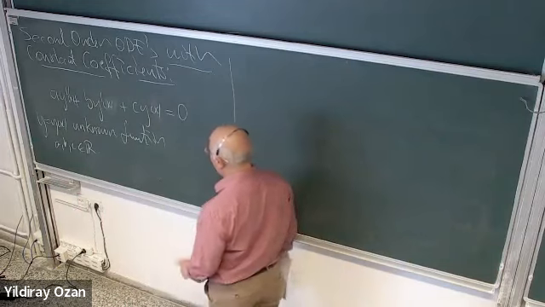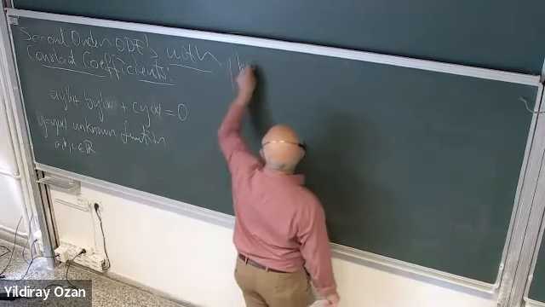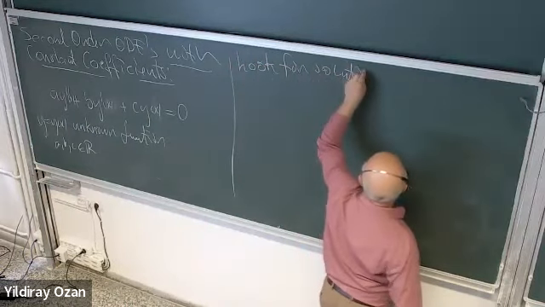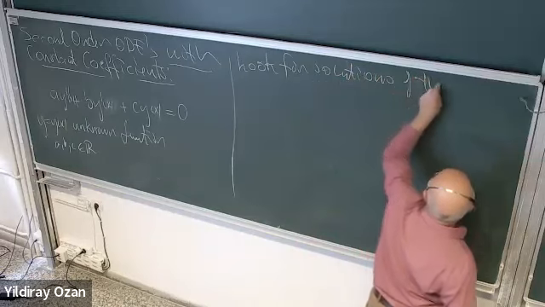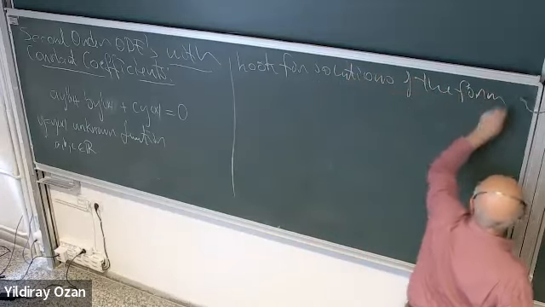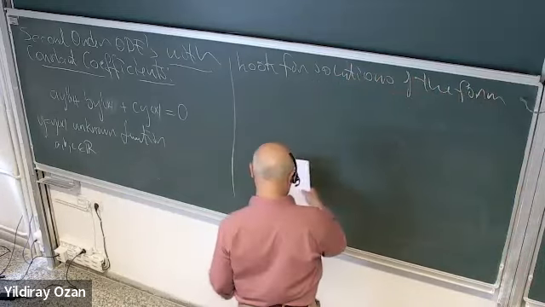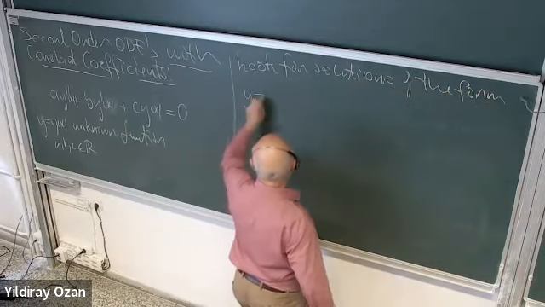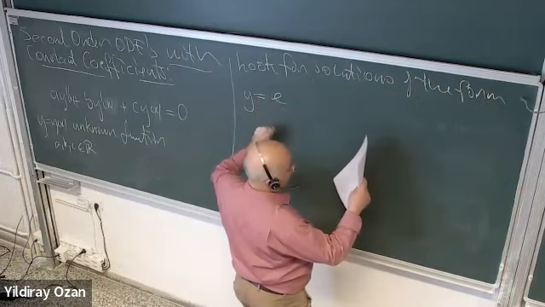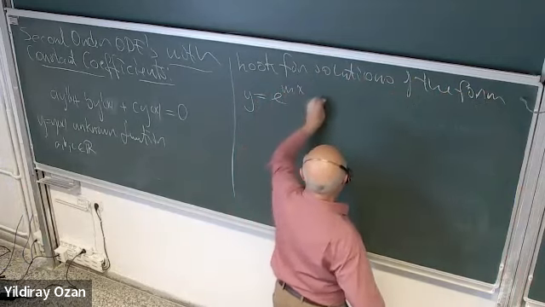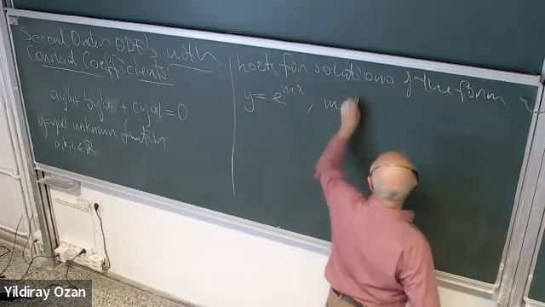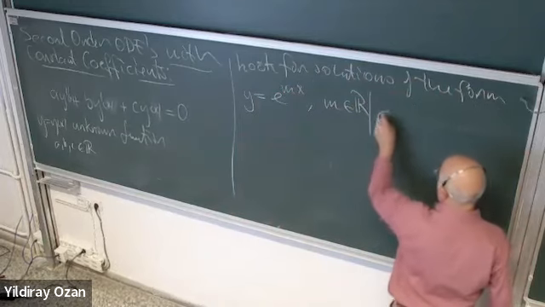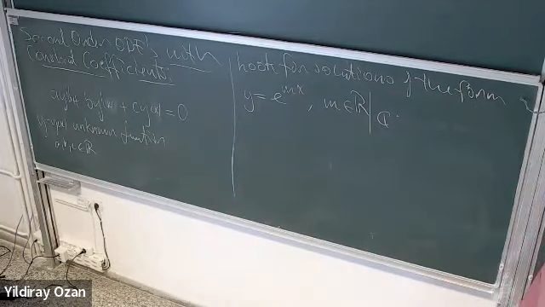Well, you look for solutions of the form e to the power mx. m is a real number, but we will see that actually sometimes it's real, sometimes it is complex.